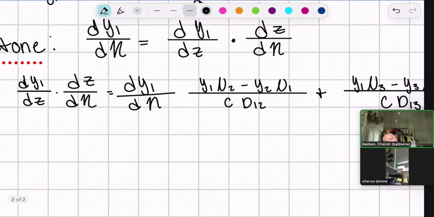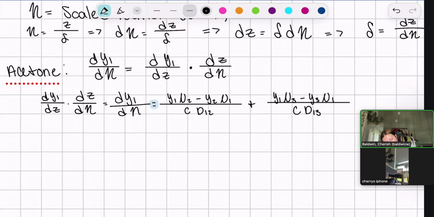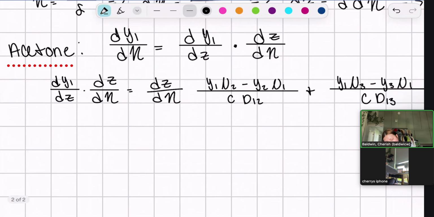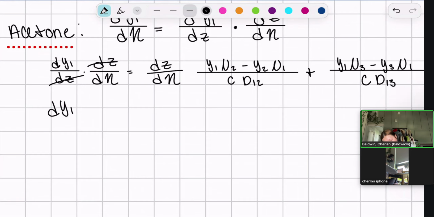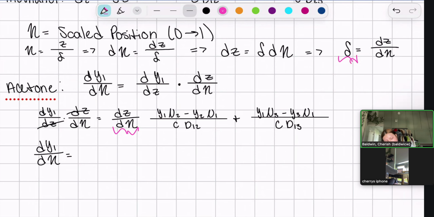All right. So these cancel out. So then that leaves us with the derivative of the mole fraction over the derivative of the scaled position is equal to... And then we can also simplify this, like we said earlier, it's equal to the tube length.